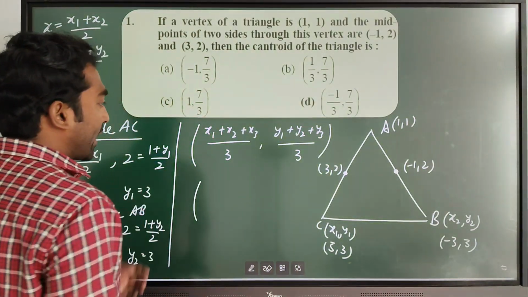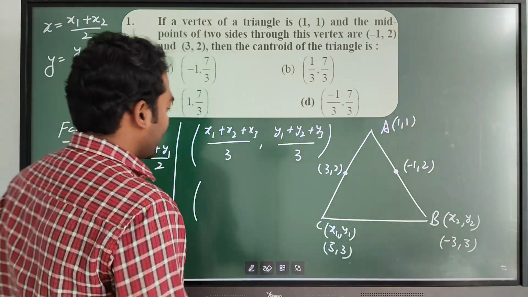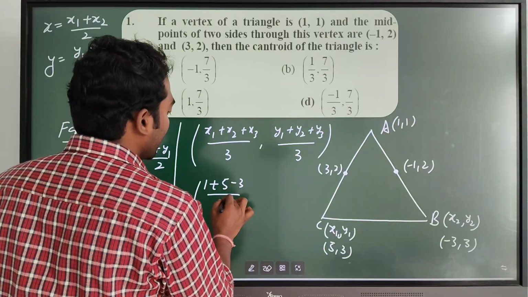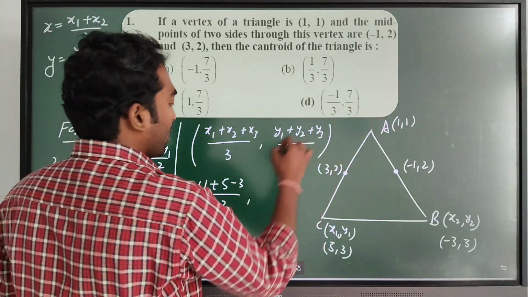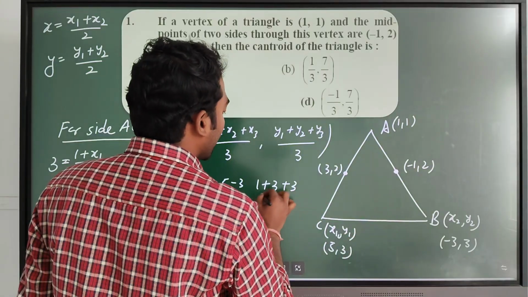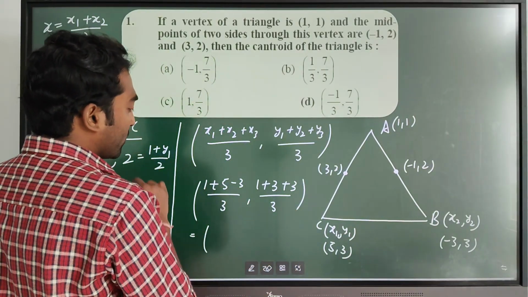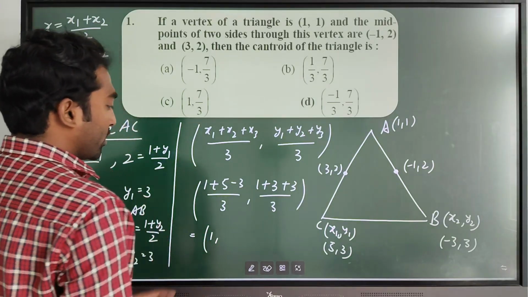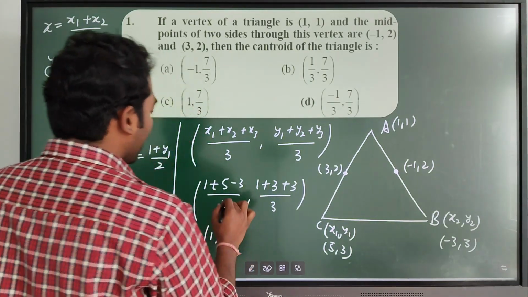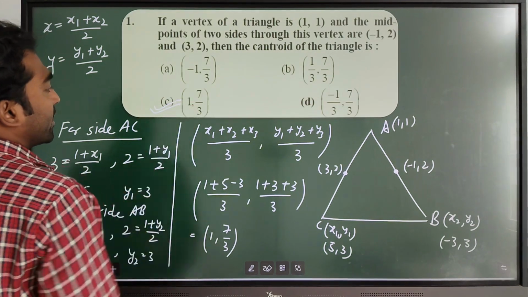So x becomes (1 plus 5 plus -3) divided by 3, and y becomes (1 plus 3 plus 3) divided by 3. This value becomes 1, because 3 by 3 is 1, and here it is 7 by 3. So (1, 7/3), which means option C is the correct answer.